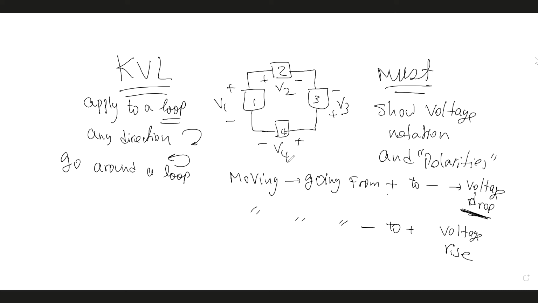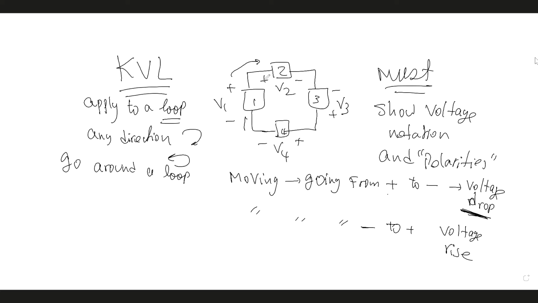And don't look at the numbers. V1, V2, V3, V4 can be either positive or negative. Don't look at the values. Just pay attention to polarities. Choose a direction, any direction you feel comfortable. Clockwise, counterclockwise, doesn't matter. So let's move in clockwise direction. Start from a point, return to the point. You must cover the loop. Okay, let's start with element 1. When you're passing through element 1, it's a voltage rise.